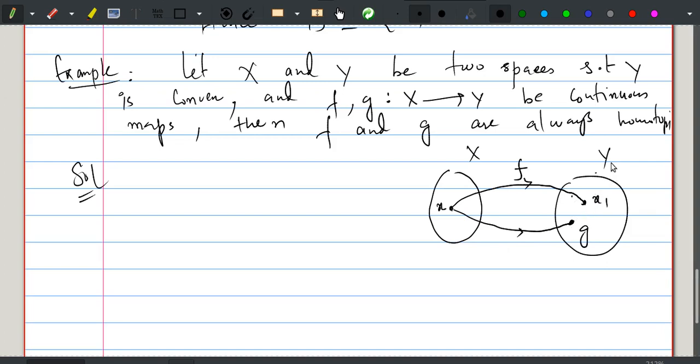Now because Y is convex, we can always join these two points x1 and x2 such that this line segment lies wholly in the space Y. Now this is the main reason. Using this hypothesis, we can exhibit a homotopy.